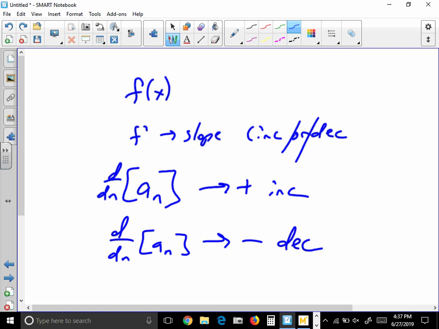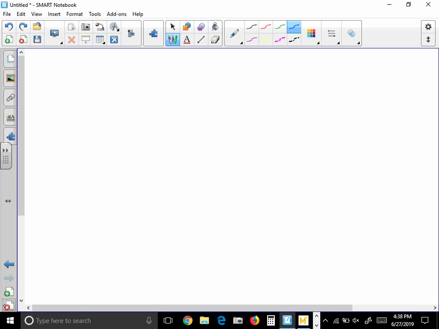Let's see if I can find an example. If we look at this sequence, let's show that it's monotonic.